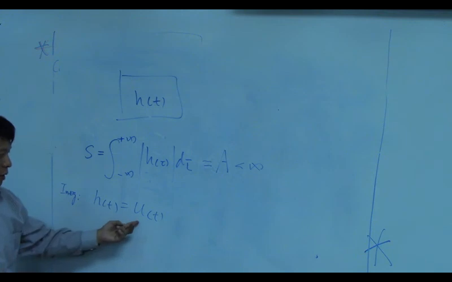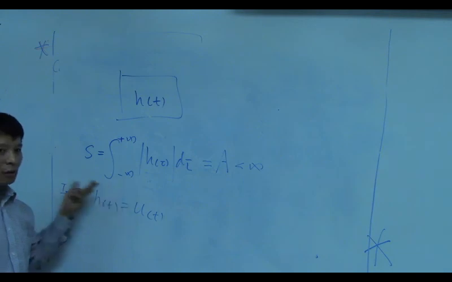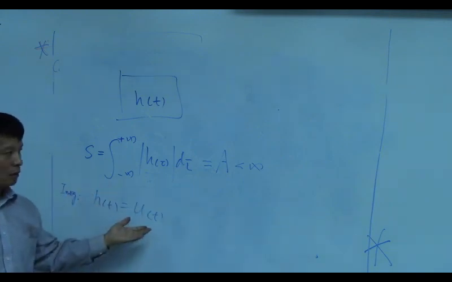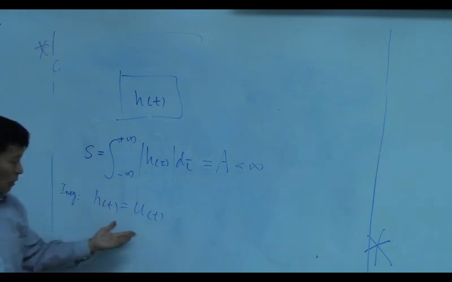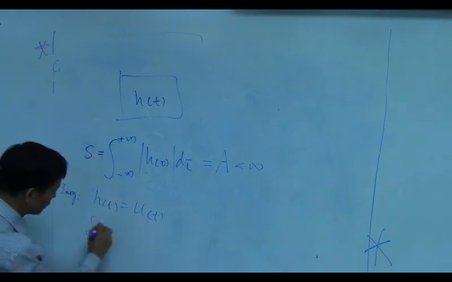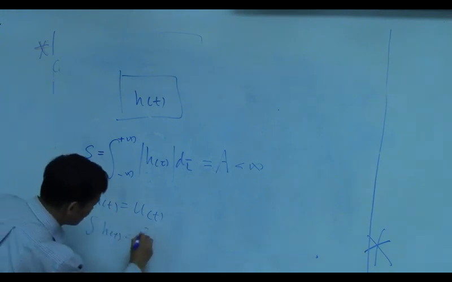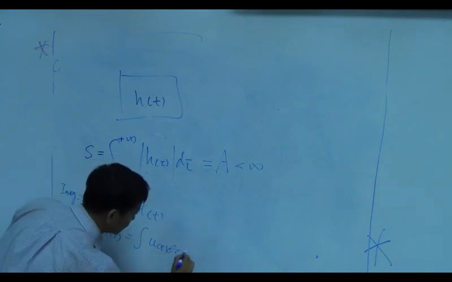The absolute value of this one is 1, right? You do the integration for all the range. Is this one bounded? What is the integration of this? What's the integration of u(tau) d tau? What's this?